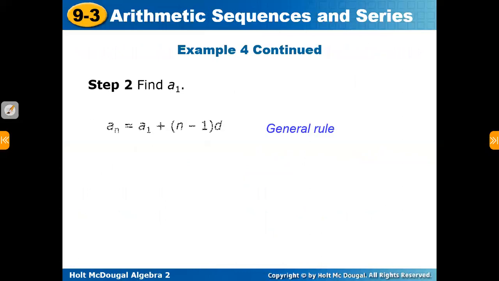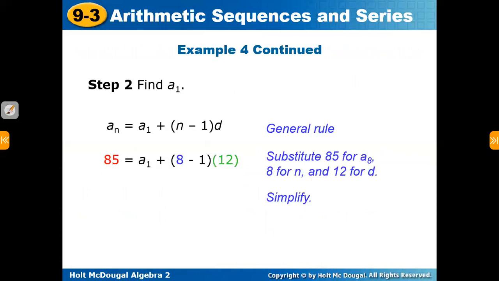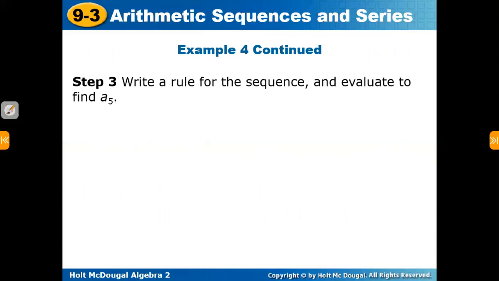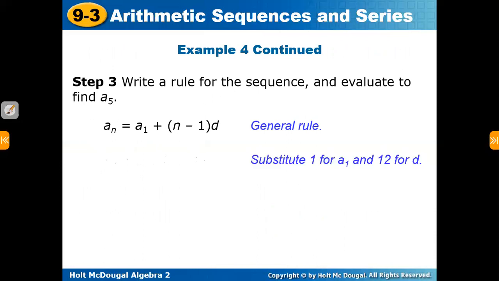Then for finding A1, you just substitute the value of D in any of the equations and get the answer as 1. After that, you can apply step 3, the general rule, with A1 and D to get the value for A5.